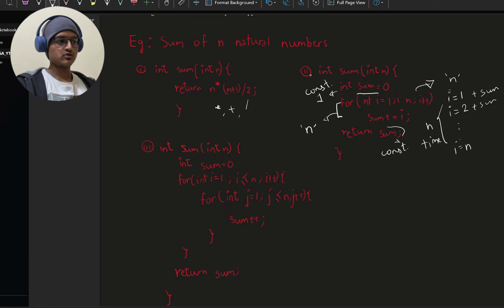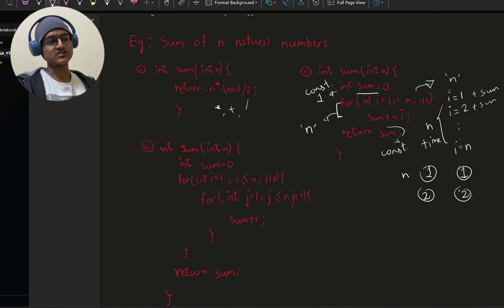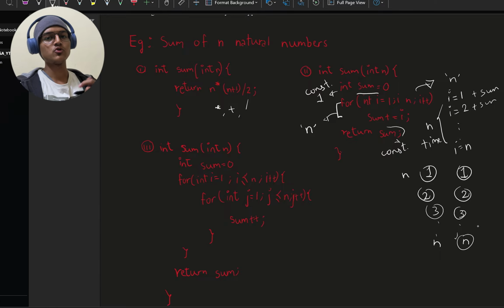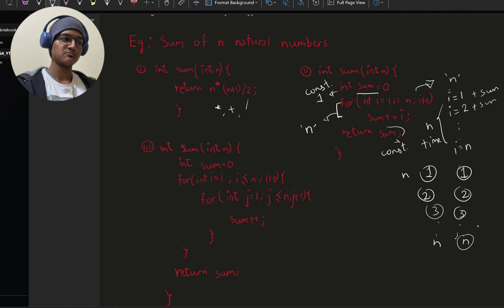So overall, method 2 will take some level of constant time. As the input size n increases, for example, if the input is 1, the loop will run only once. If the input size is 2, the loop will run twice. If 3, then thrice, and so on until the loop runs n times. So the time taken by this program should grow linearly.